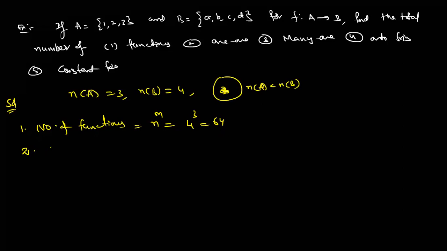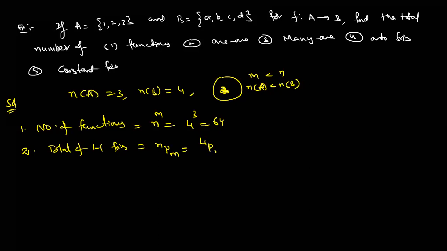Question number 2. Total number of one-one functions. What is the formula? nPm. Check it. This is m, this is n we're taking. Clearly, n is greater than m, then only possible. Otherwise, not possible.